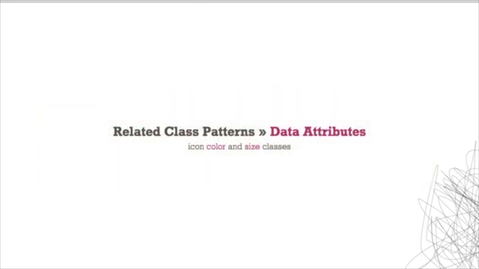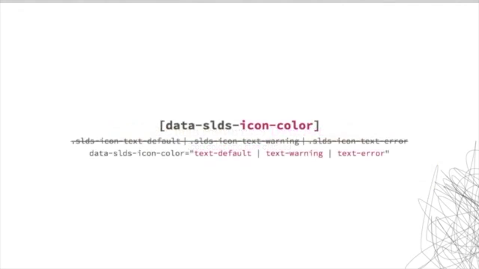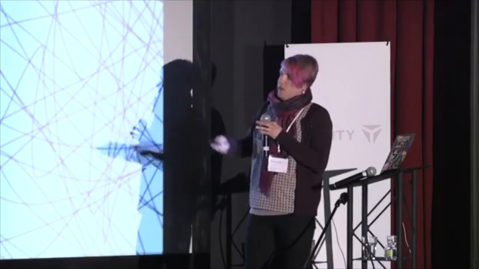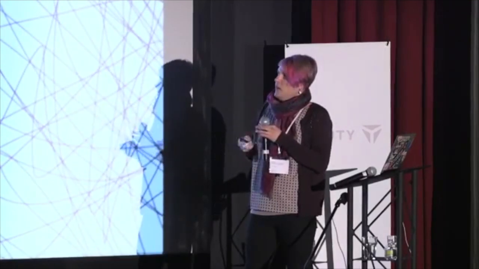One thing that I would do is, anytime I see related classes that are part of a system, I put them in their own system so that I can see that they're related. So I would do that here with the SLDS icon text, various classes that were all based on that same input, and I would just break those out into data attributes.